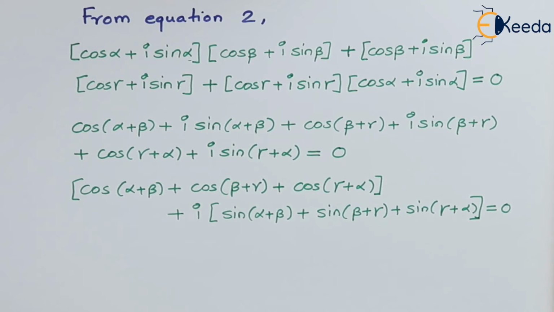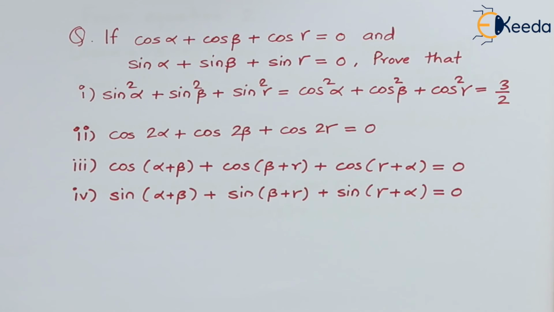Now guys, again what we did in the previous problem, we'll compare left hand side with the right hand side, and by comparison we'll get this real part equal to 0 and the imaginary part equal to 0. And guys, that is the result number 3 and 4. So if you see here, we have proved this result number 3 and the result number 4.